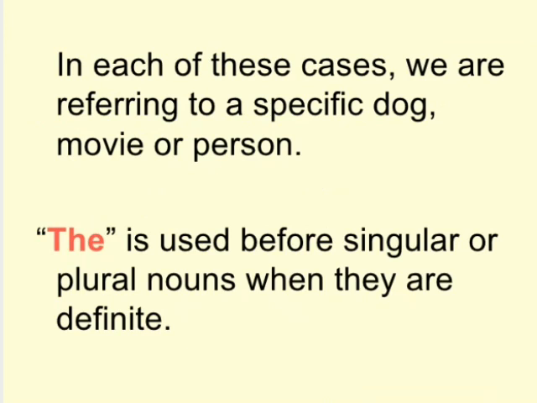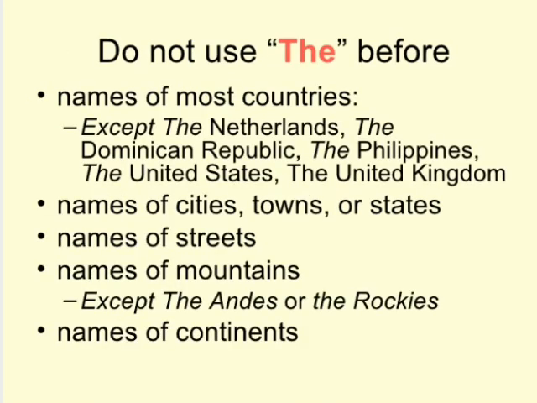In each of these cases, we are referring to a specific dog, movie, or person. The is used before singular or plural nouns when they are definite. Now we're going to see some rules about the use of these articles. For example, you have to learn this by heart.